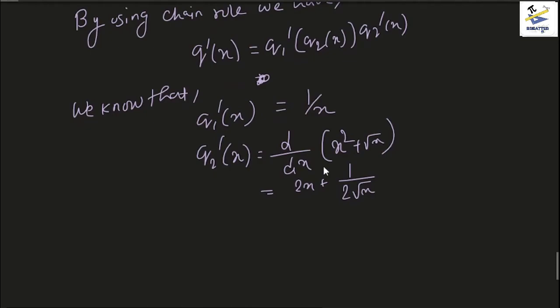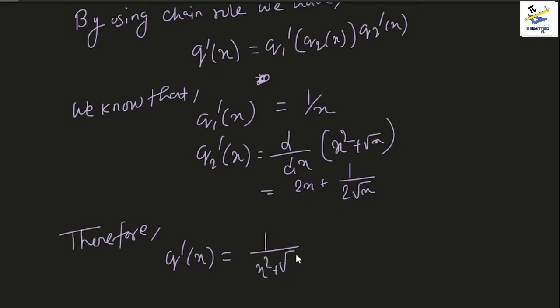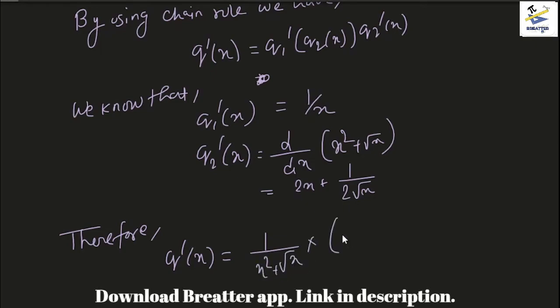So what we do get is this. Therefore q prime of x is equal to 1 by q2 x, q2 x was x square plus root x, so 1 by x square plus root x multiplied by 2x plus 1 by 2 root x.